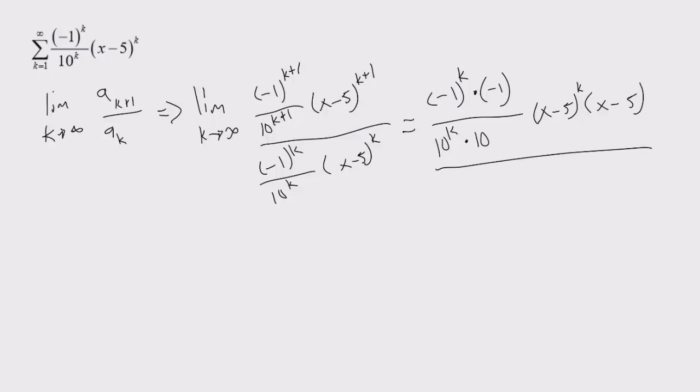Then we got negative 1 to the k, and we got a 10 to the k there, and then we have an x minus 5 to the k there. Okay, and then certain things are going to divide out.